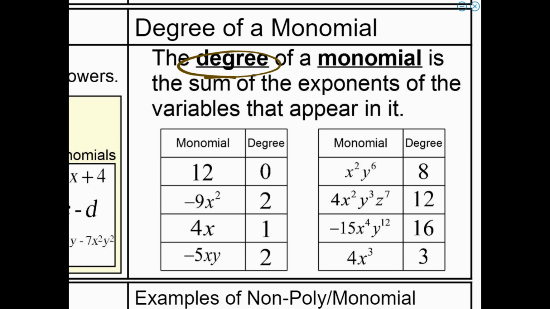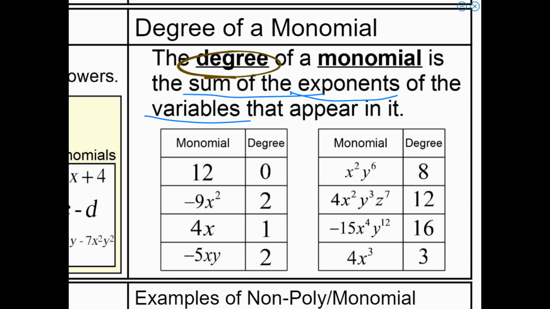When we're talking about the degree of a monomial or a polynomial, we are talking about the exponents, particularly the sum of the exponents that are on the variables, or the highest exponent if there's not multiple variables altogether.